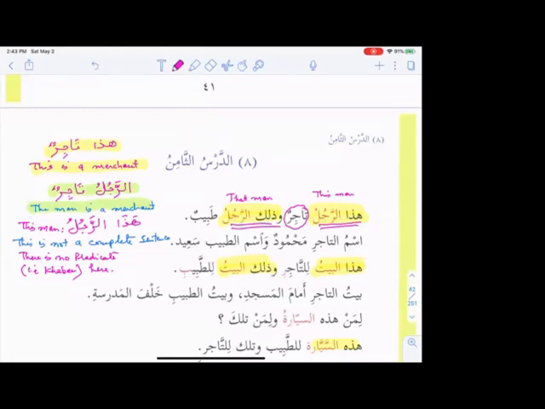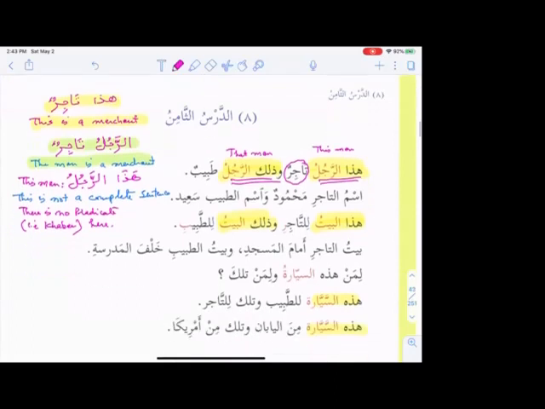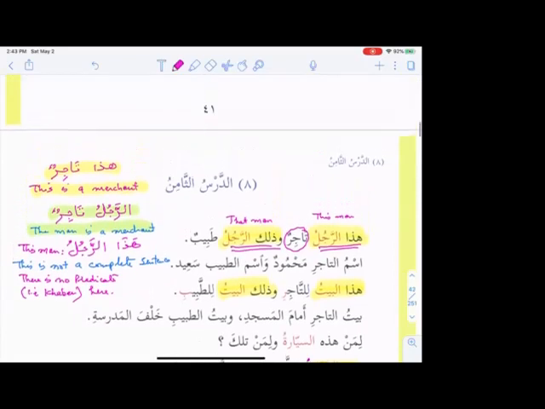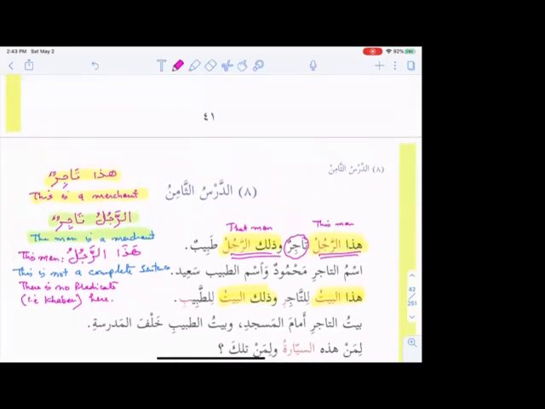That's it, this man. If I say Hadha al-Baytu, this house, there's no news. And then if I say Hadhihi Sayaratu, this car, that's it. So this is not a complete sentence. The complete sentence is Hadha Rajulu Tajirun.